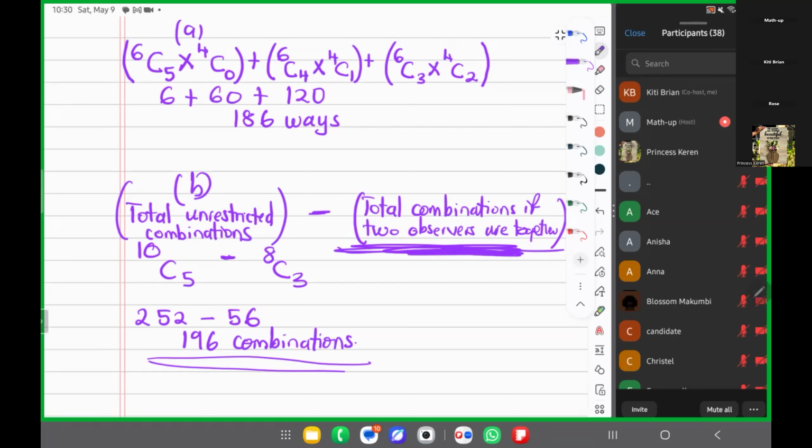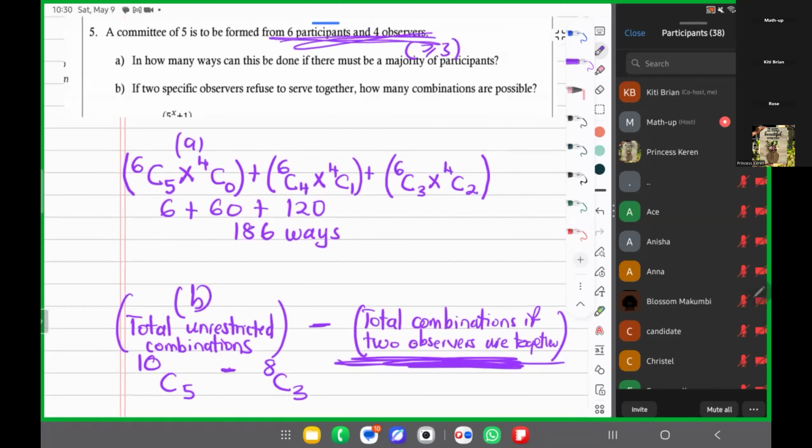So I'm going to choose out of 8. Now I've already chosen those 2 people and fixed them, and I'm choosing the rest of the committee from the 8 people. Which means I'm left with only 3 people to add to the other 2 who have been fixed together, to accomplish my committee of 5. So this 8 combination 3 is for the committee, putting into consideration that those two specific observers are serving together.